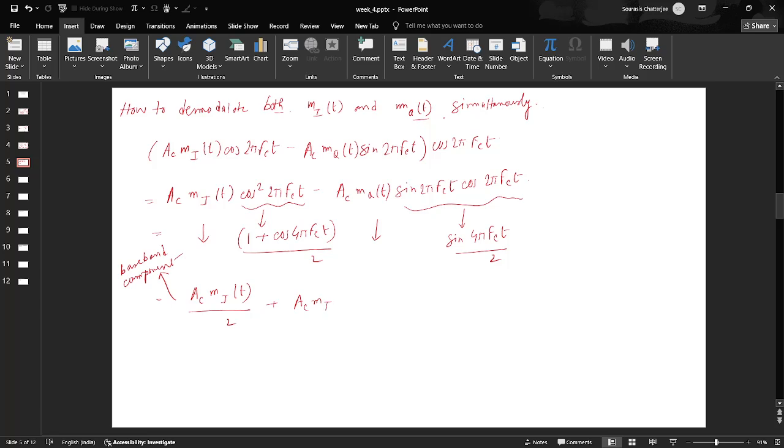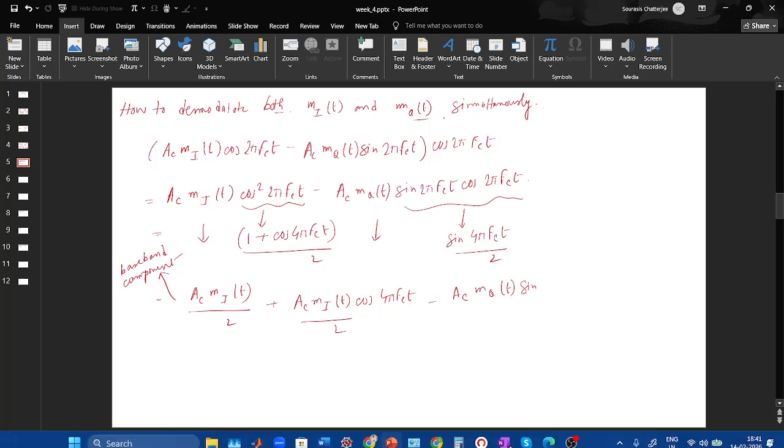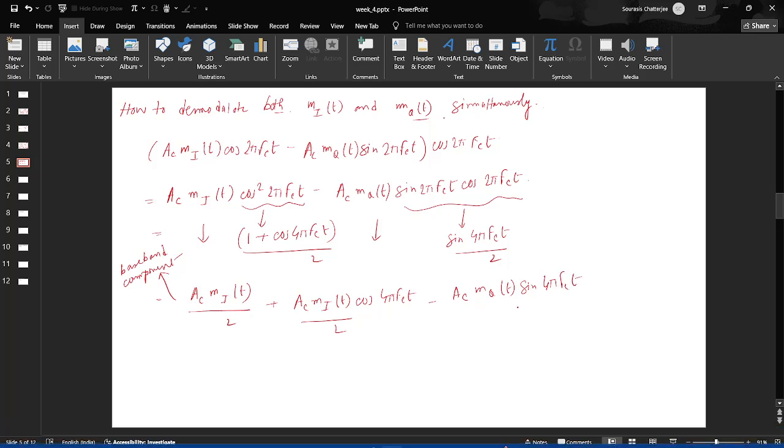AC MI(t) cos 4 pi fct over 2 minus AC MQ(t) sin 4 pi fct over 2.